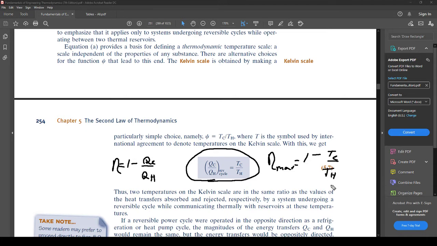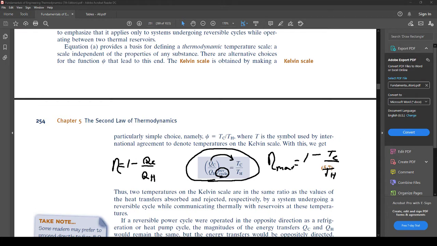So what it is saying is that for a reversible cycle, QC over QH is equal to TC over TH, which is why if you want eta max, you do it in temperatures. And they're the same equation, except if this is reversible, you use temperatures, okay?